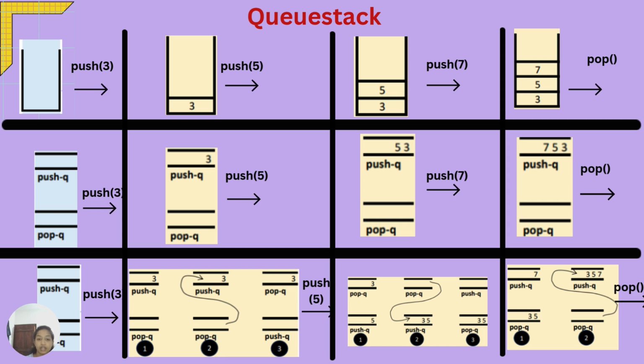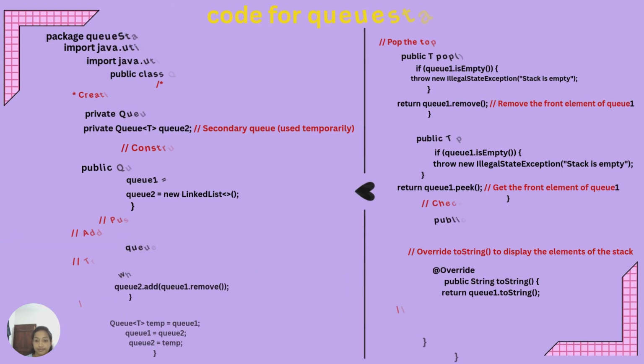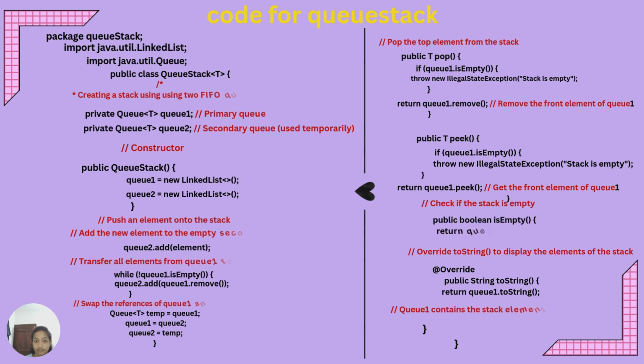Now we move to the code part of the queue stack. This code has imports and class definitions. Imports: first we import LinkedList and Queue from the Java utility package.